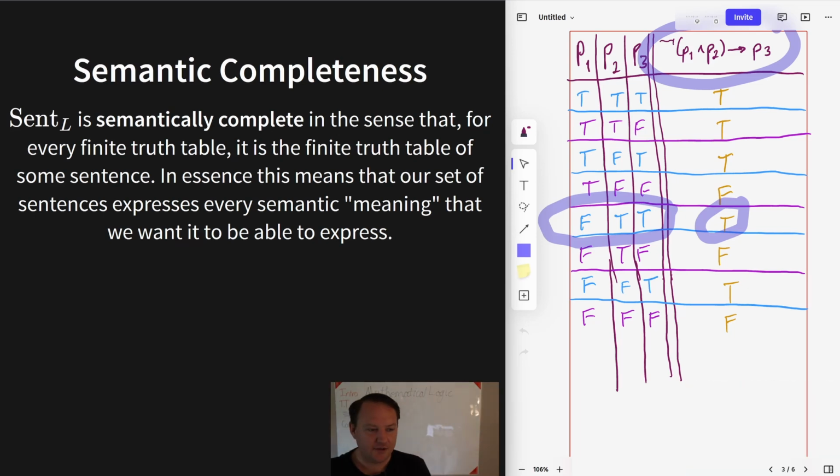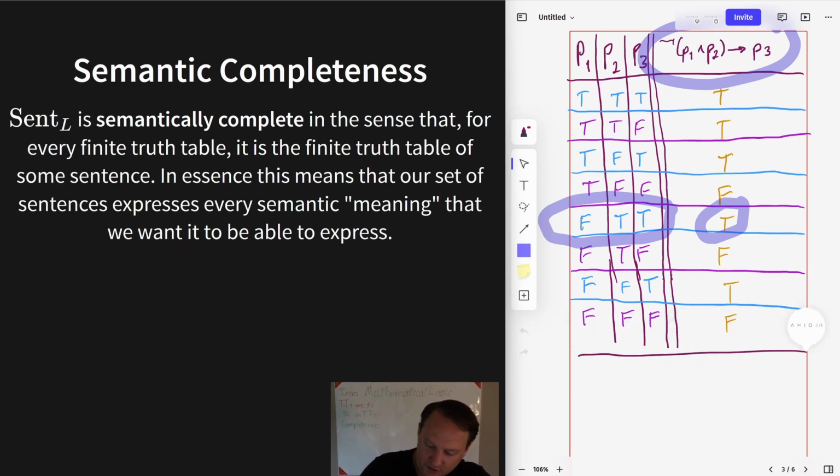So in order to help understand what we mean by completeness here, you could imagine writing down the table. Imagine you wrote down the table, which is to say, you've got T, T, T, and we map that over to F. I'm making up an arbitrary table.